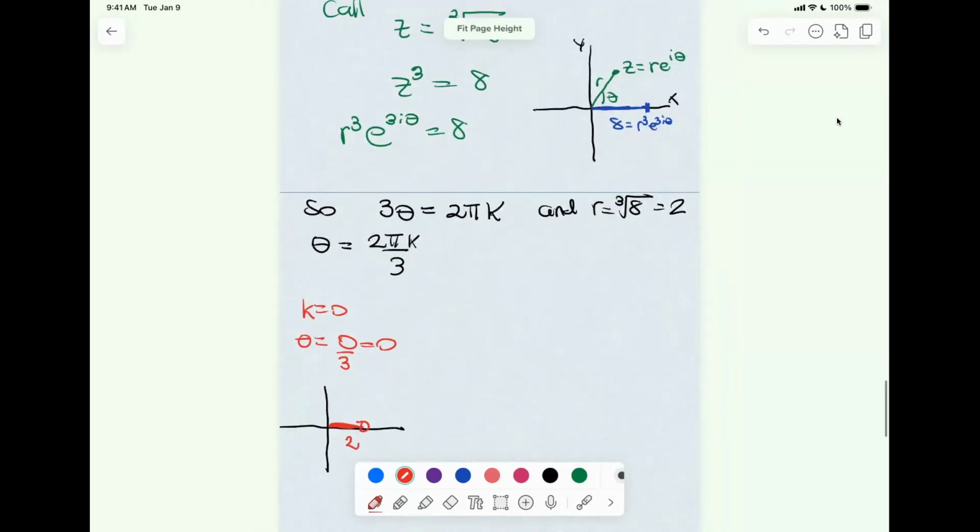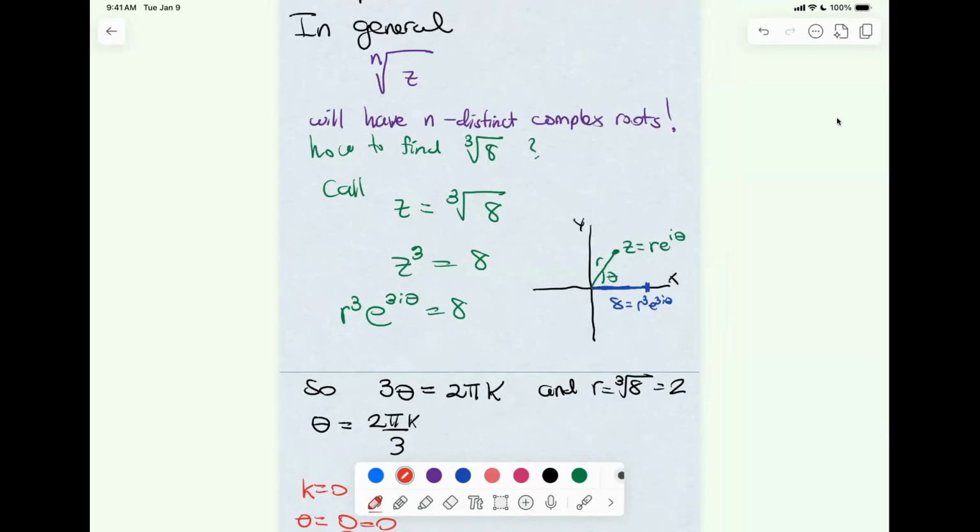Oh, right. That's the magic of the Euler formula, because what is z cubed? It's z times z times z. So the r's multiply and then the exponents add.